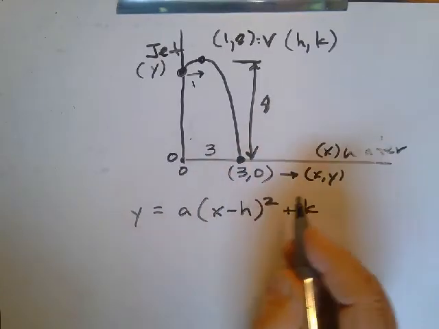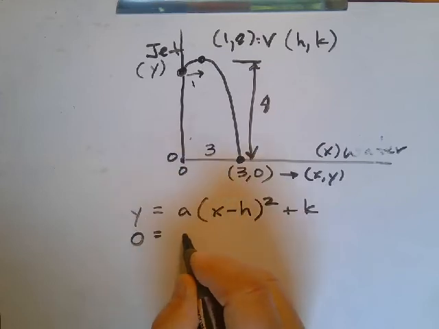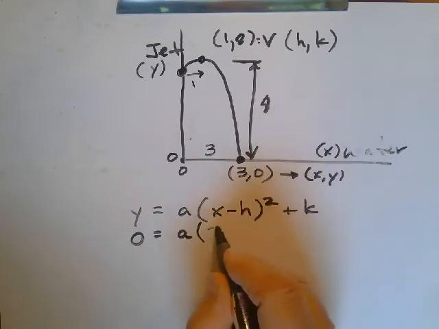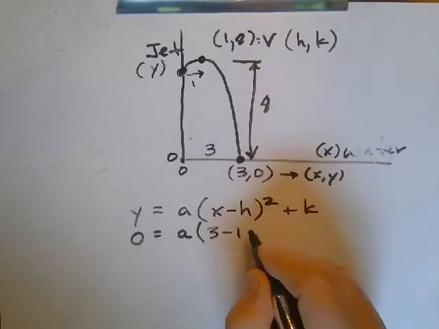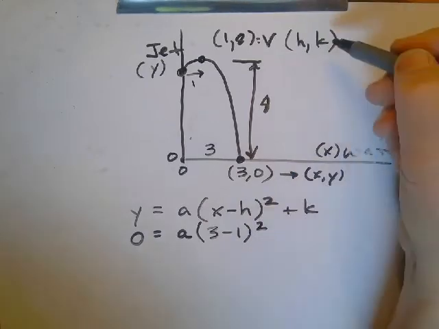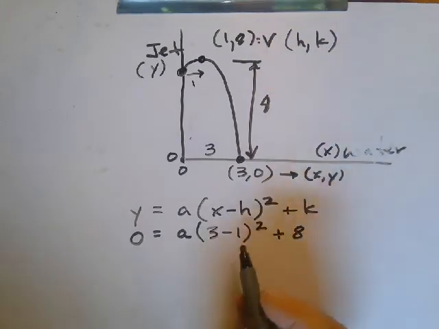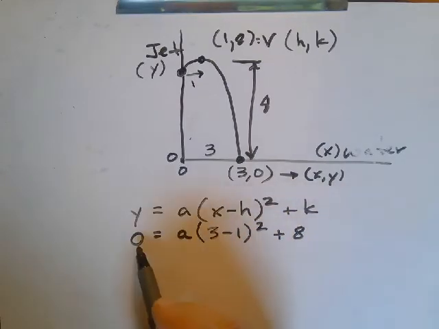All right? So y is 0, a we don't know, x is 3, h up here is 1, and k is 8. There it is. h, k is 1, 8, and x, y would be 3, 0.